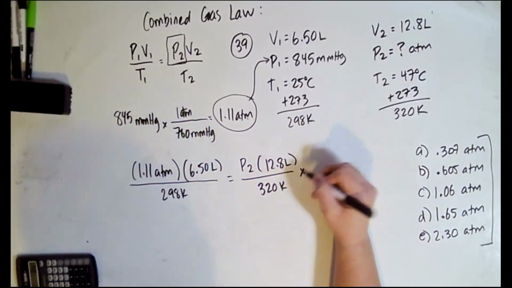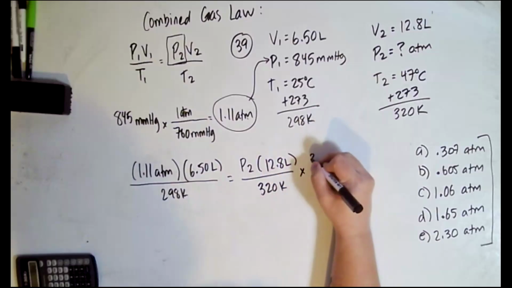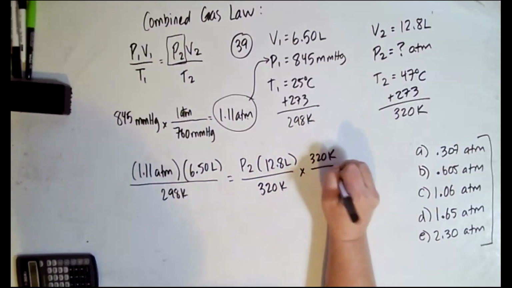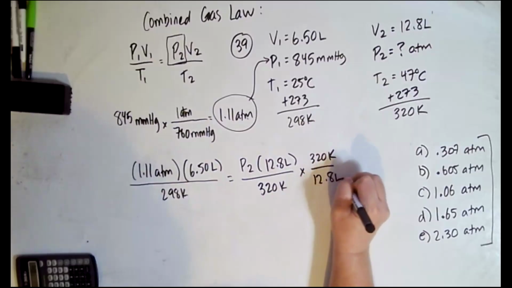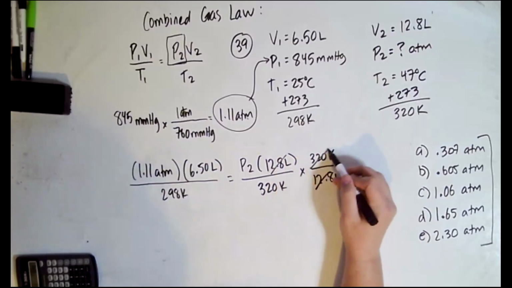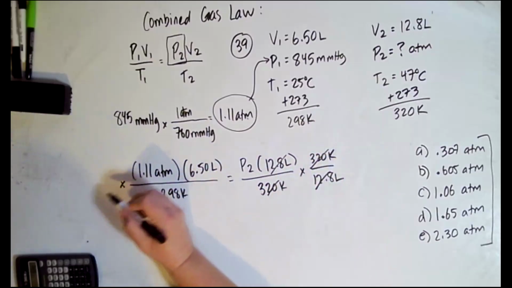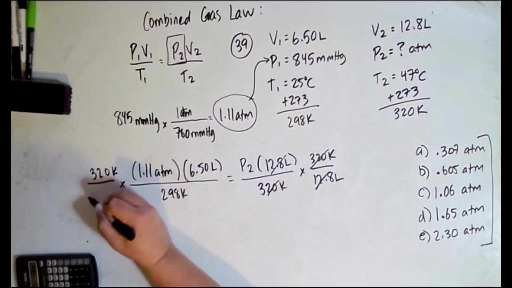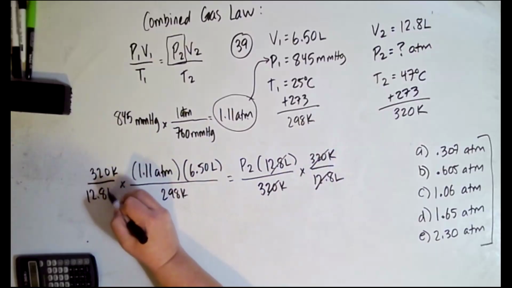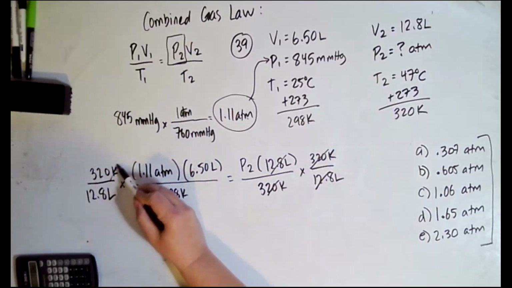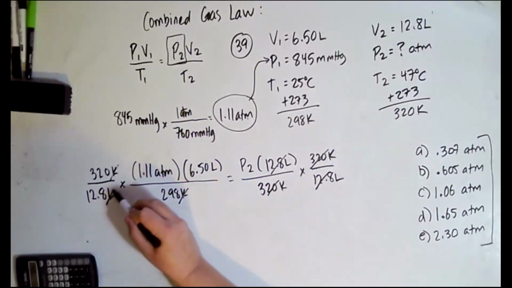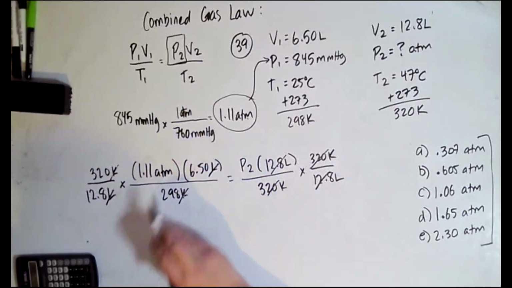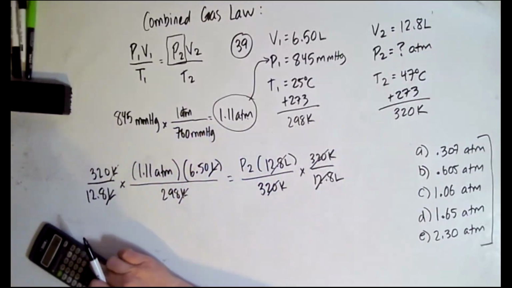And now we'll multiply both sides by the reciprocal of what's on the right side. Right, so these will cancel out. And we'll multiply the other side by the reciprocal as well. Our Kelvin unit cancels out, our liters unit cancels out, and we're going to be left with a unit of atmosphere.